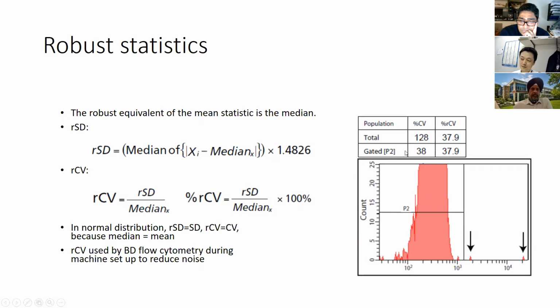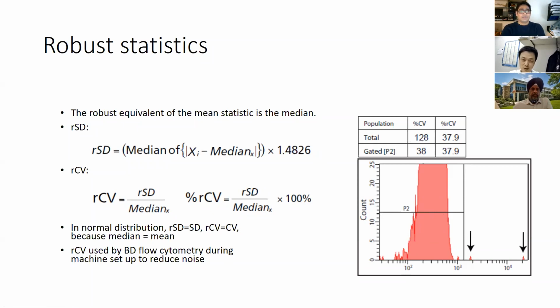Looking at the first column, the calculation is without the robust calculation, so the total variation will be 128 and within the P2 gate is 38. But if we apply the robust calculation, both the whole population and everything in P2 will have the same variation. That's the purpose of the robust deviation.